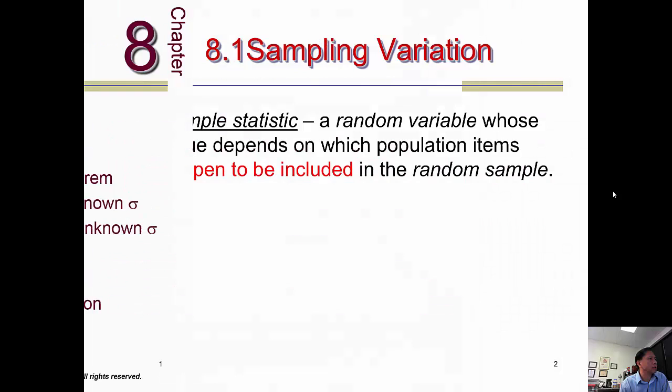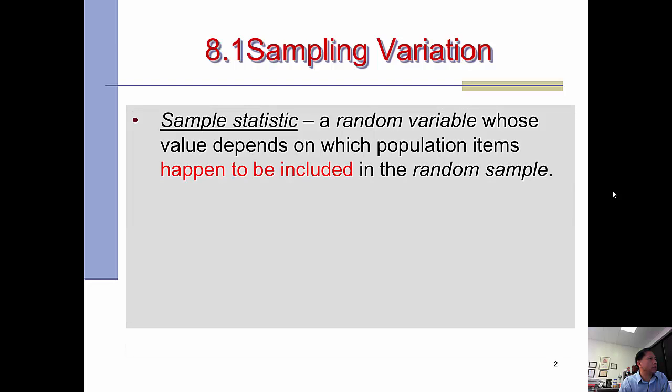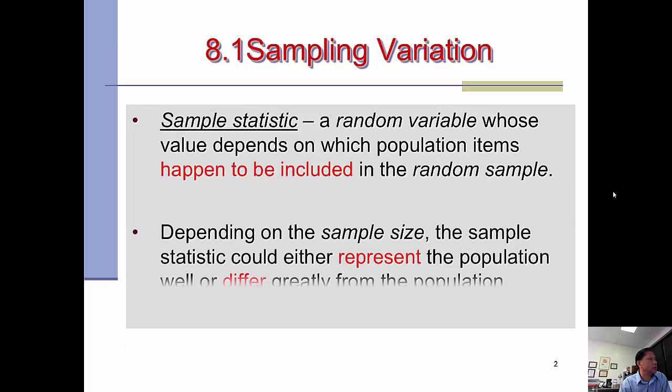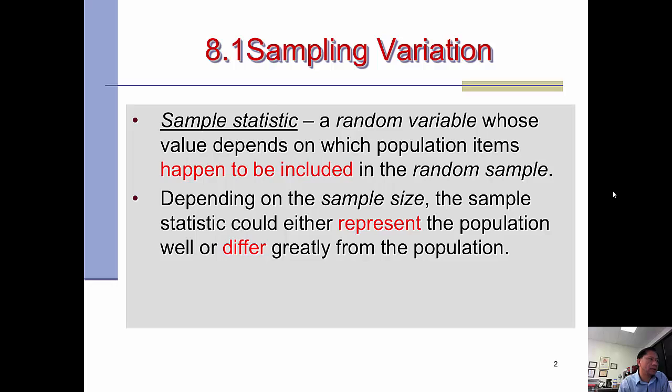Okay. Let's talk about the sampling variation. First, what is sample statistic? Sample statistic is a random variable whose value depends on which population items happen to be included in the random sample.